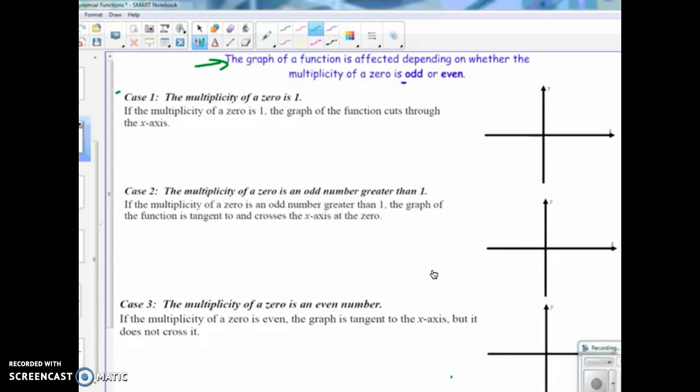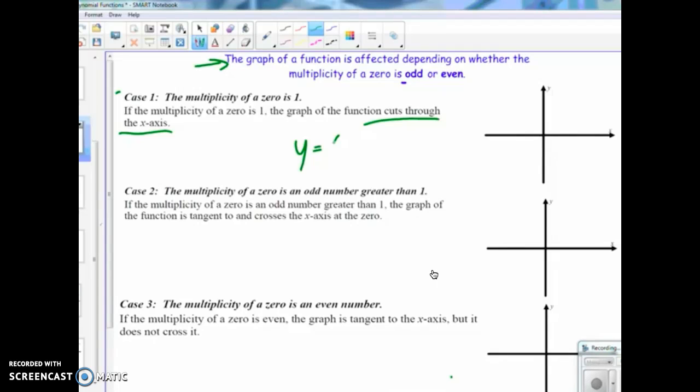It says case 1, the multiplicity of a zero is positive 1. Now, if the multiplicity of a zero is 1, then the graph of the function crosses through the x-axis at that particular zero. So to look at this type of behavior, let's make a function y equals where its zeros have a multiplicity of 1.